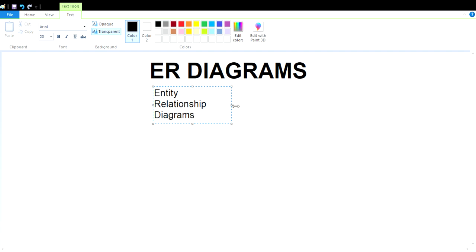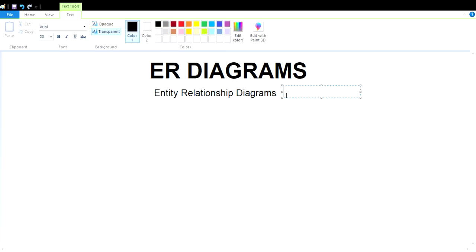The main use of entity relationship diagrams is the representation of tables in a diagrammatic manner. Representation of tables in the diagrammatic manner is called ER diagrams.